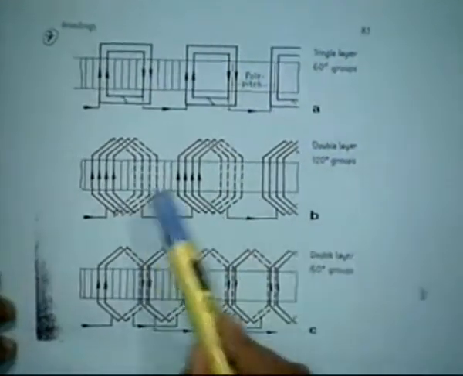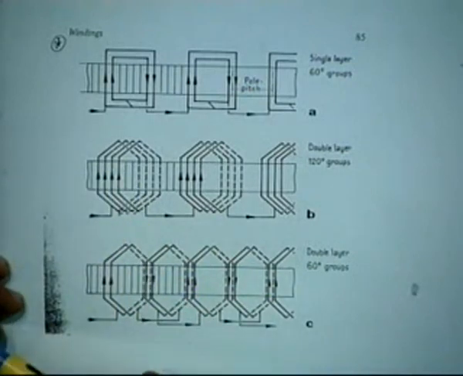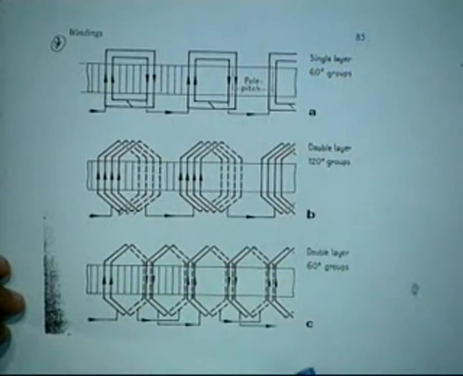120 degree groups means each phase belt is 120 degrees. So you can have this arrangement like this. And these are the double layer 60 degree groups. So one top goes to the bottom and goes like this. So these are some of the varieties.